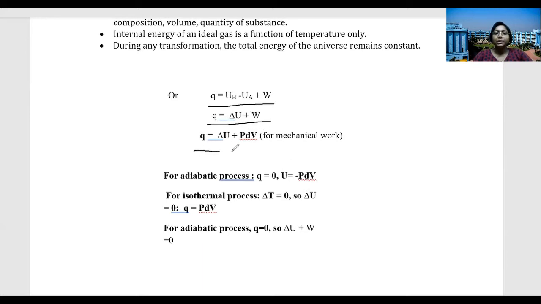Or we can write Q is equal to del U plus PdV, where PdV is the mechanical work, so W is equal to PdV.